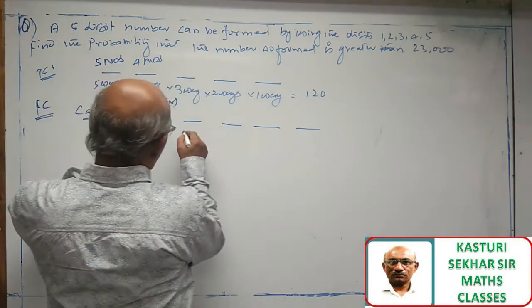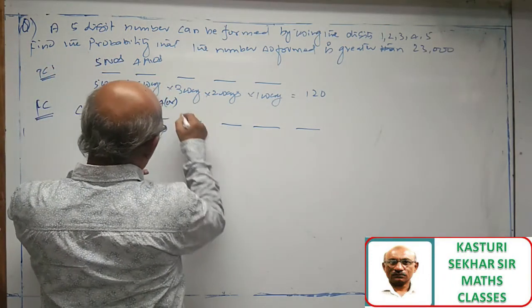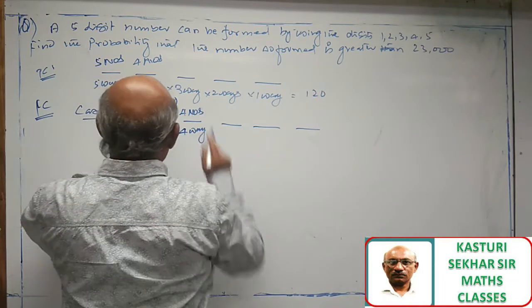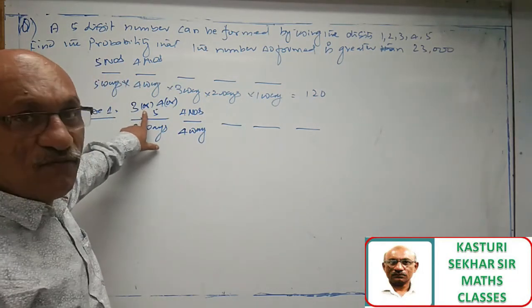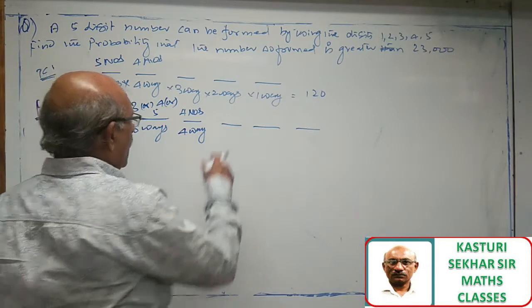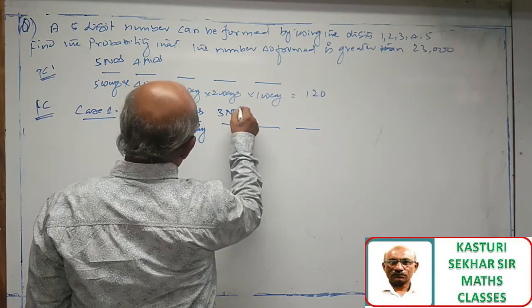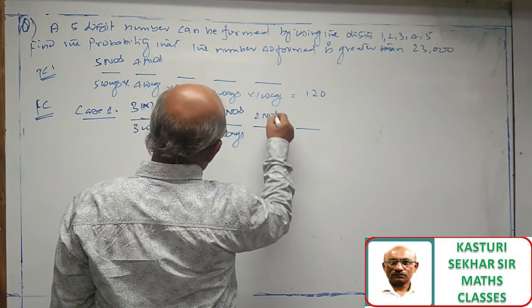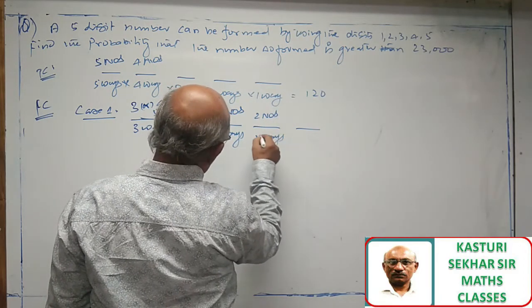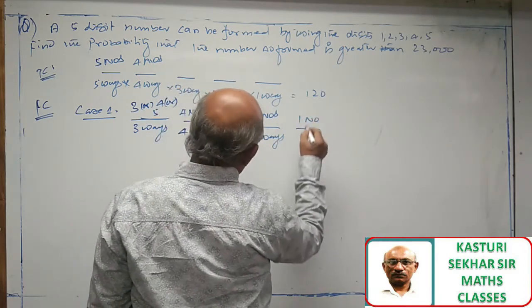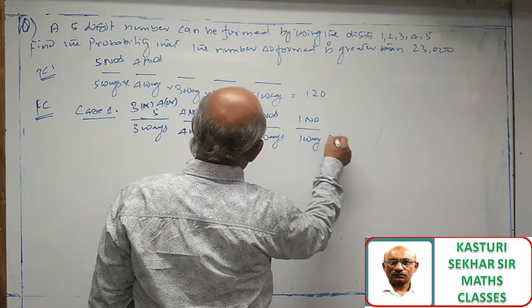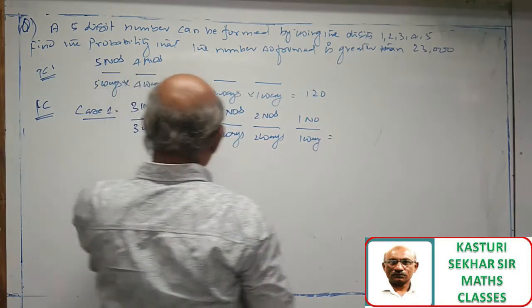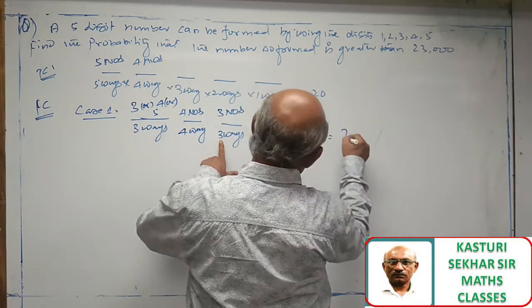So one number is used here. After using one number here, 4 numbers are available, 4 ways. 3 numbers are available, 3 ways. 2 numbers are available. This can be filled in 2 ways. 1 number is available, 1 way. So 3 fours are 12. 12 into 6, 72.